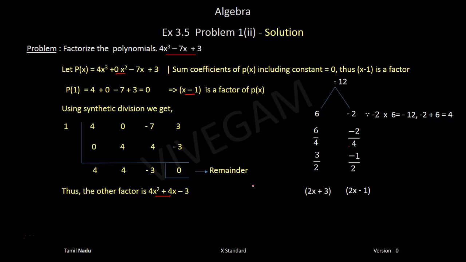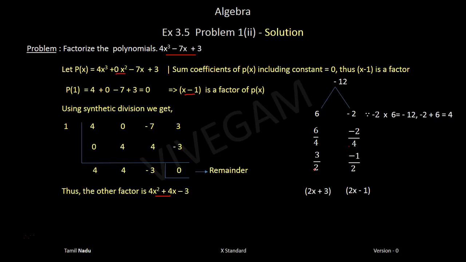I will show you the other method also, as in the previous case. Now we have to divide this by the coefficient of x squared, which is 4 in this case. So this becomes 6 by 4 and this becomes minus 2 by 4. Can we simplify this? Yes. So this will become 3 by 2 and this will become minus 1 by 2. That's it, there is no more simplification possible.